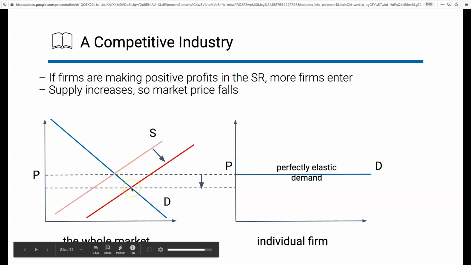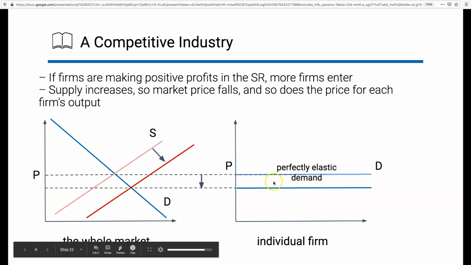But if the price in the market goes down, that means individual firms will be forced to sell at a lower price too. So more firms enter the market, price goes down, and let's go back to an individual firm and see how that will affect the firm.